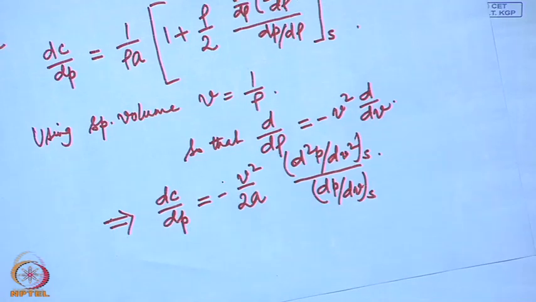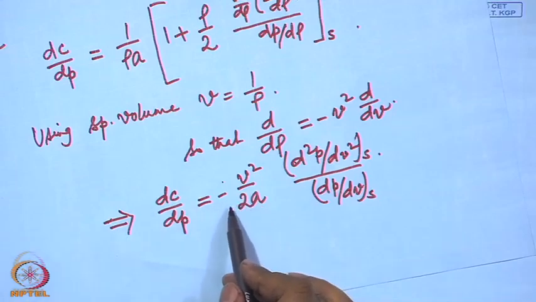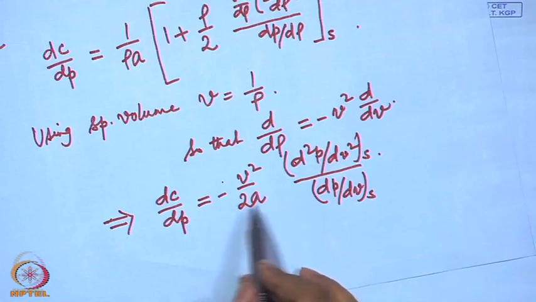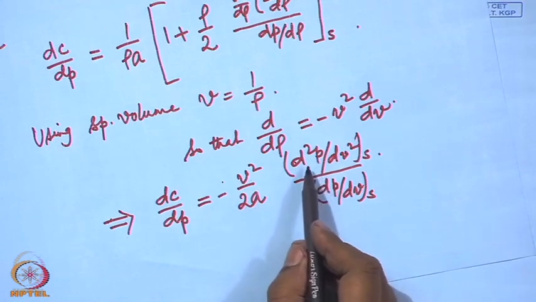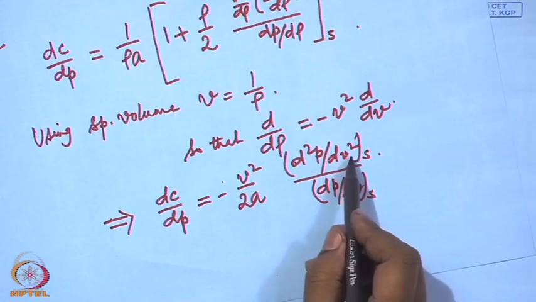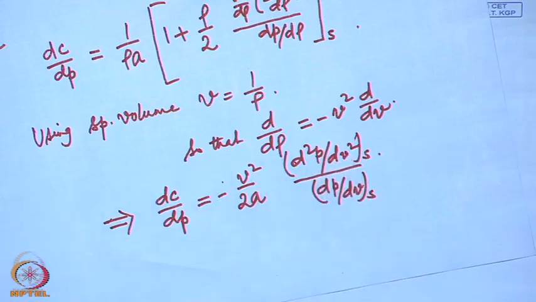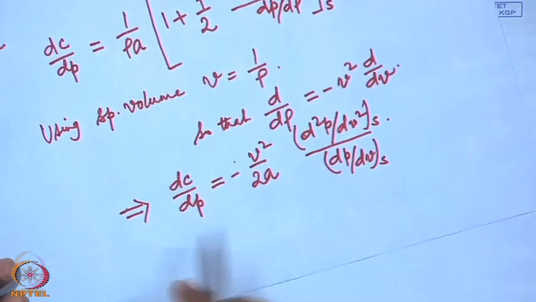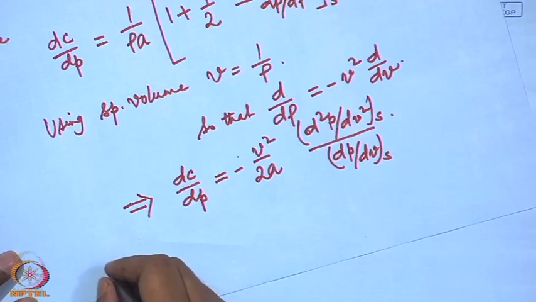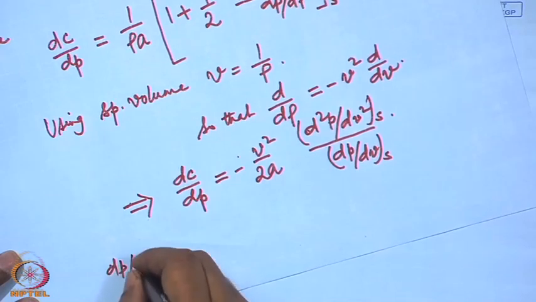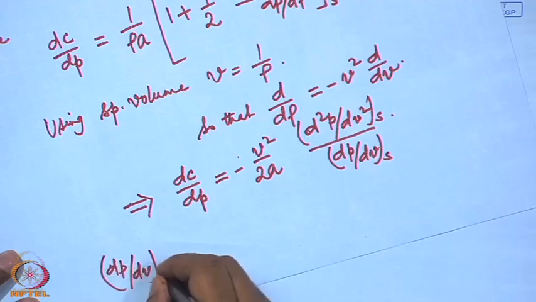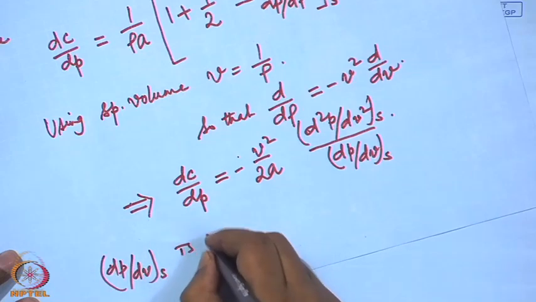Now, for a fluid, dp dv at constant entropy is negative. So, the sign of dc dp of course depends on the sign of the second derivative, d squared p dv squared. So, dp dv is negative.